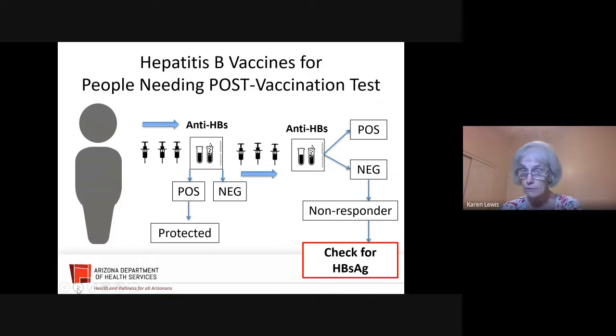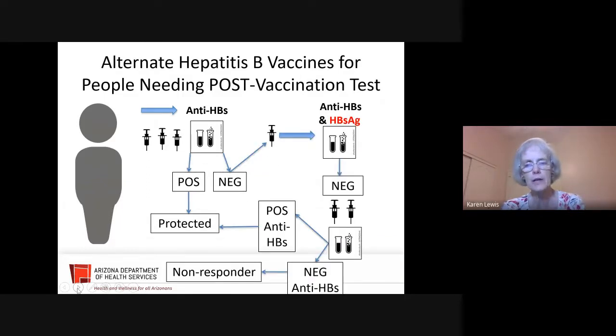So if you have a healthcare worker, or somebody who could be from an area of the world where there's a lot of hepatitis B, or if they're at risk for hepatitis B because of using IV drugs, you may wish to test earlier in the sequence for hepatitis B surface antigen.